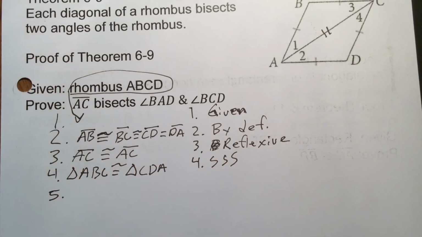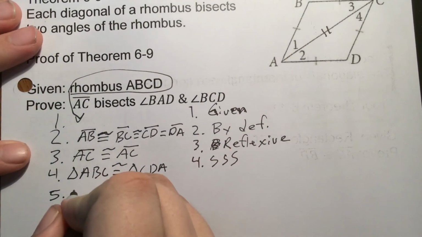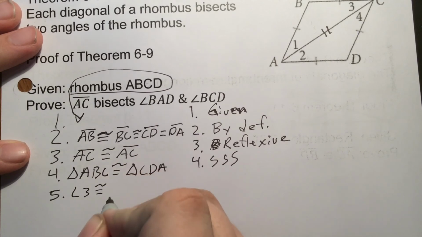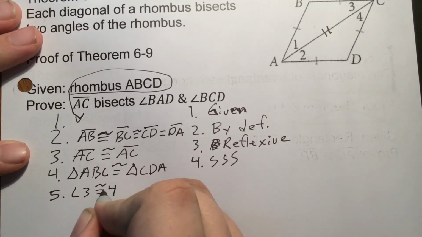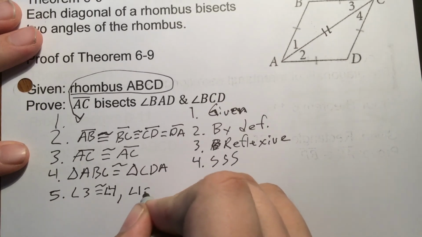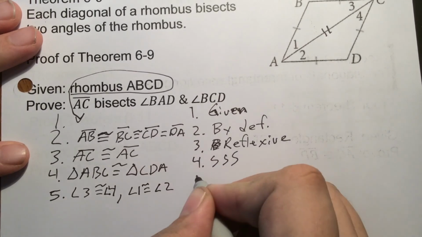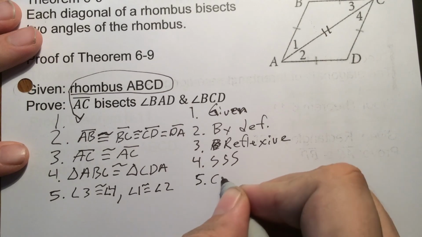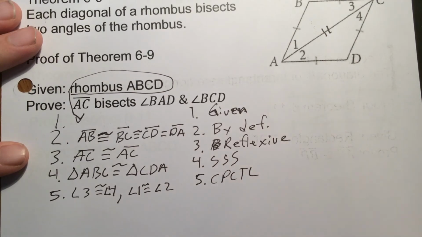So once you prove the triangles are congruent, then you can say their parts are congruent. So we want angle 3 to be congruent to angle 4, and angle 1 is going to be congruent to angle 2. And that's going to be by CPCTC.